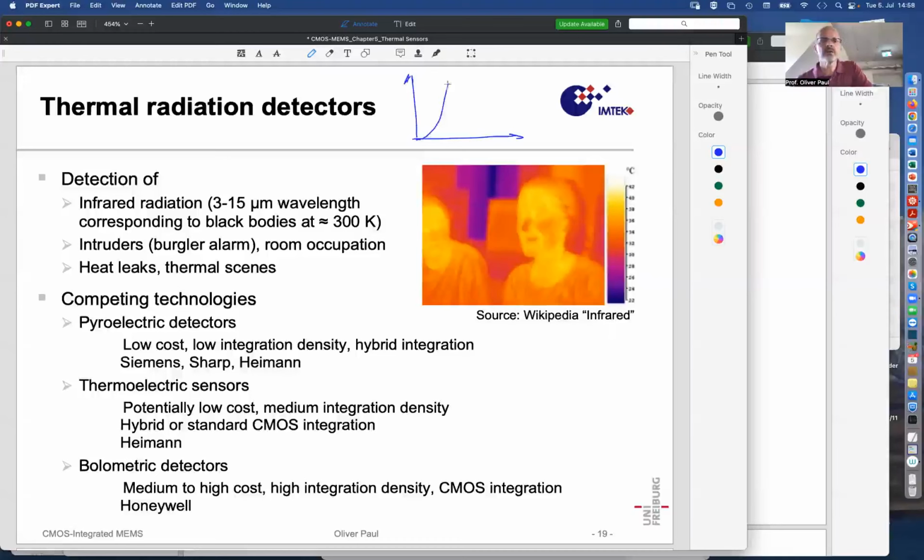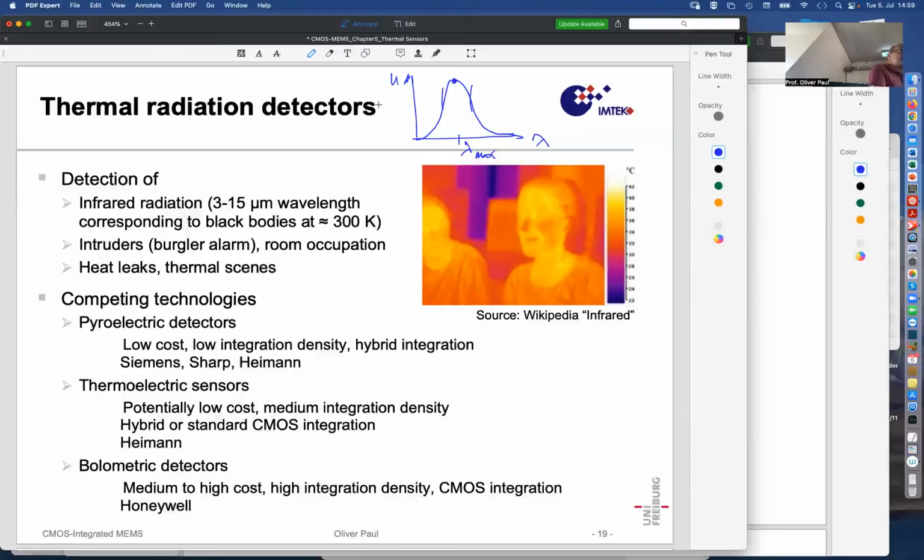So here we have U as a function of wavelength, and there is a maximum, lambda max. Now you can read that the maximum emitted by bodies at 300 Kelvin is in this area. There is a maximum at maybe 10 micrometers of wavelength.